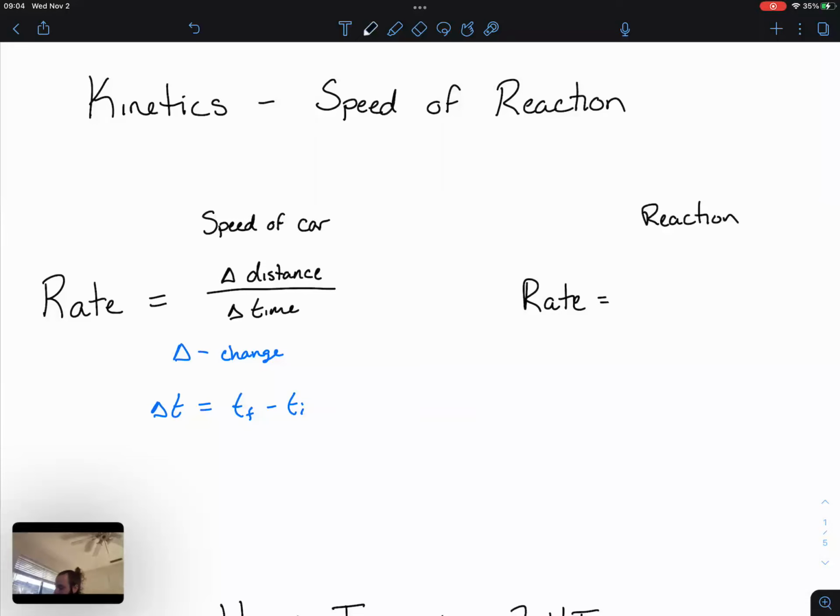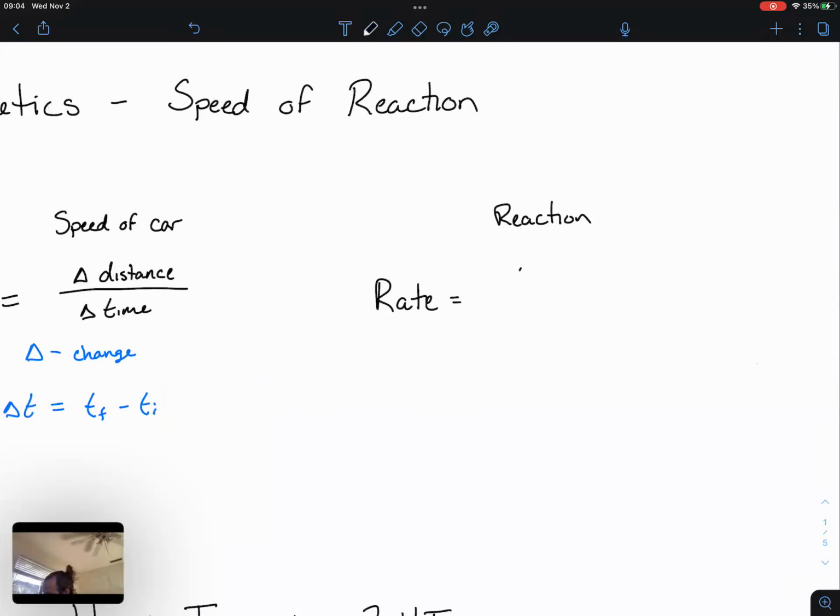Instead, for our reaction rates, what we're concerned with is changes in concentration that appear over a given period of time. So when we're talking about measuring the rate of a reaction, that's what we're measuring: the change in concentration over a given unit of time. Let's talk about how we get these rates in a second.